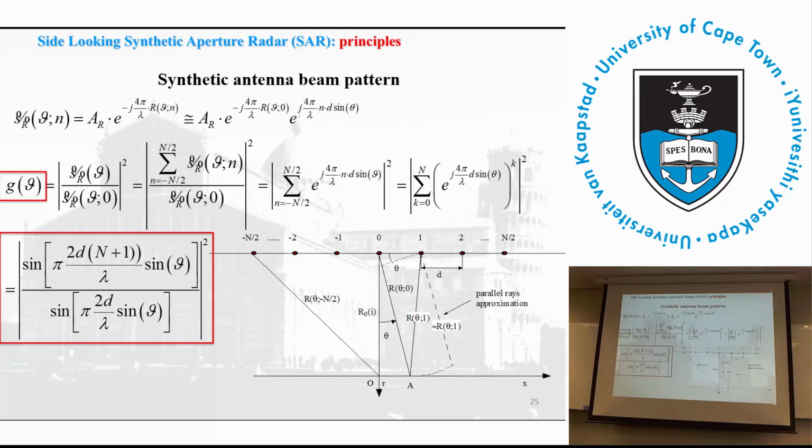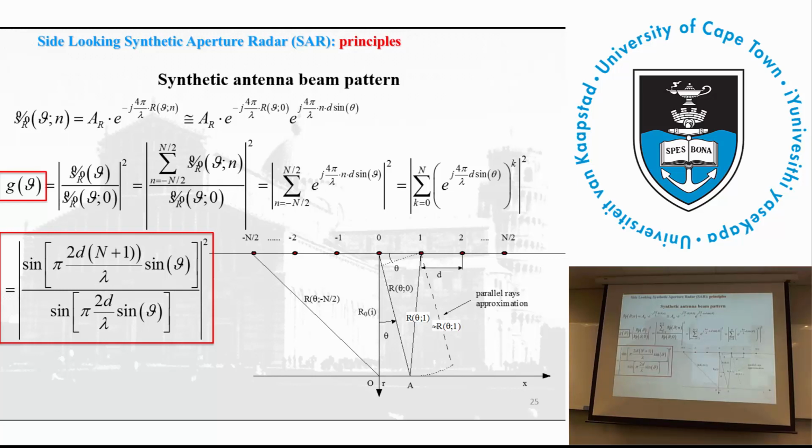the first n elements of q to the power k, and you can write it in a form like 1 minus q to the power capital N divided by 1 minus q. You know this result.